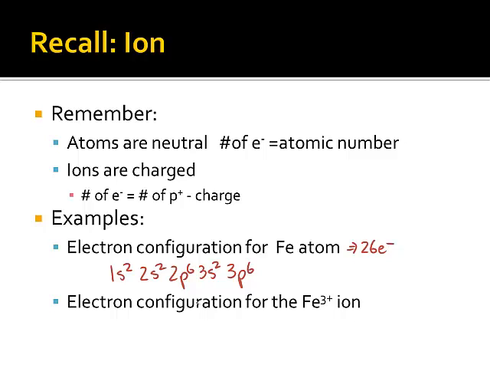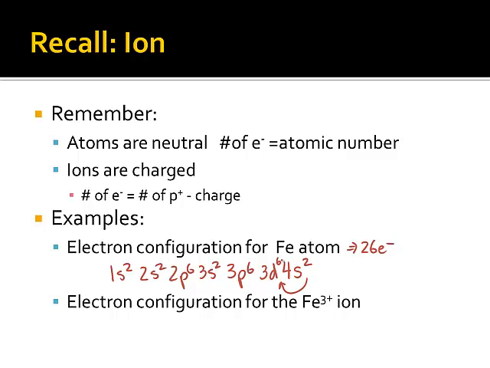Now this is where we have to skip to the 4s, because it's actually the next lowest energy, even though it's farther from the nucleus. 4s2, and then I go back and fill the 3d, and I need to add 6 more electrons.